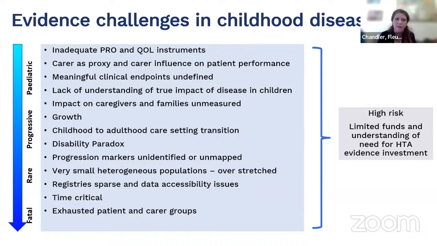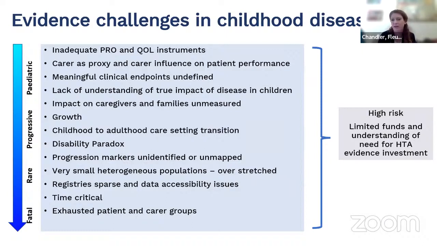If you start morphing into the progressive diseases where the child is getting progressively more sick, you have the underlying impact of the growth of the child with the deterioration from the disease at the same time. So you've got a moving baseline, which is very hard to articulate and capture.